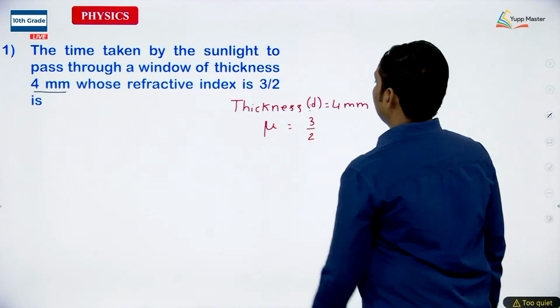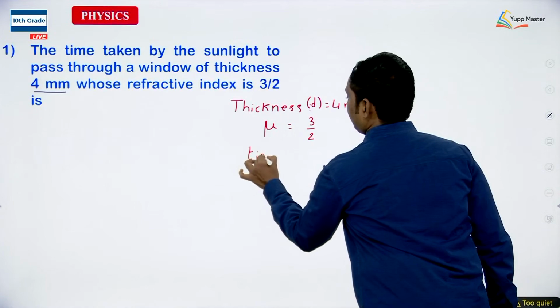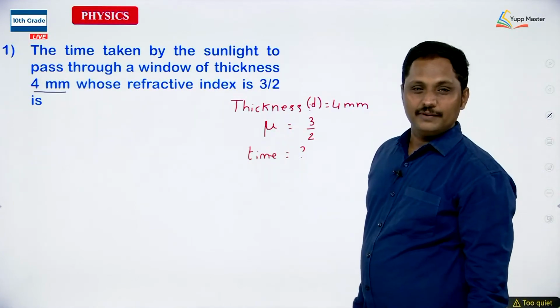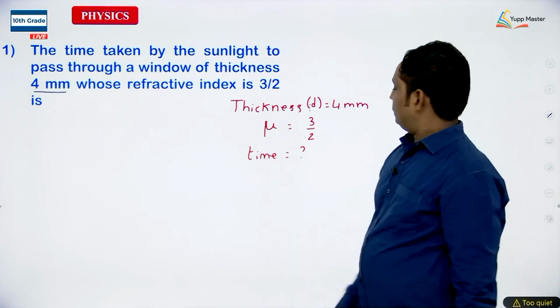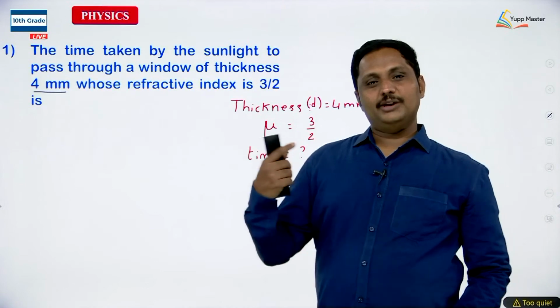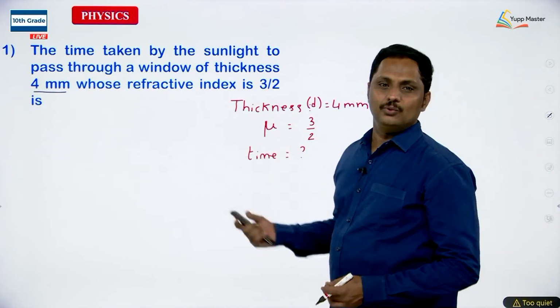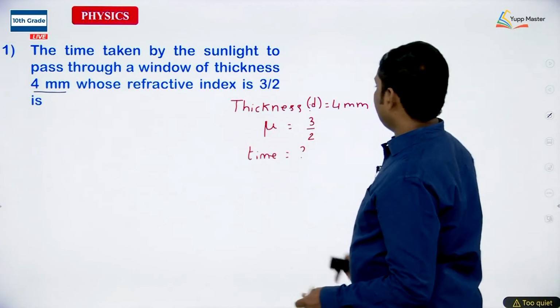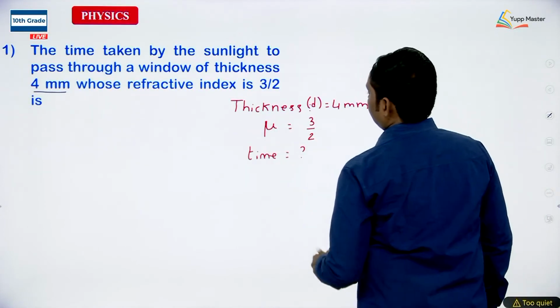Next, the time is equal to the time taken by the light to travel the 4 mm thickness in the window. Generally, windows are made up of Crookes glass and silicon carbide glass, different glasses are there.